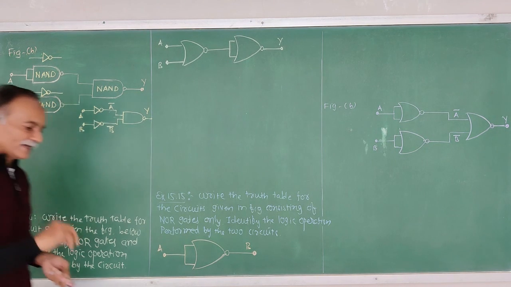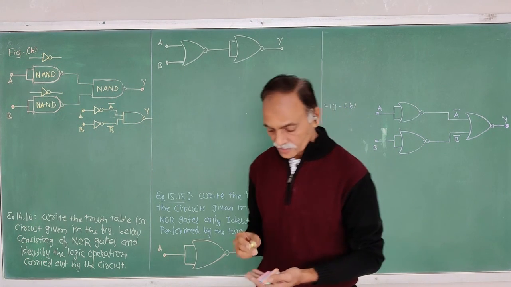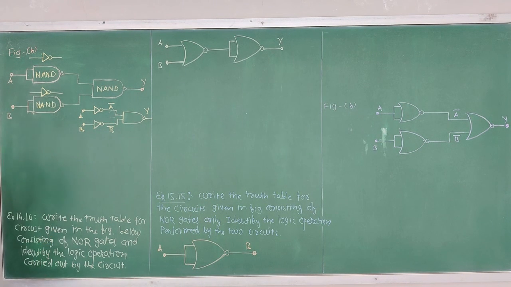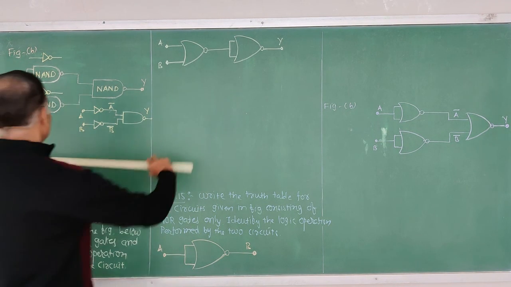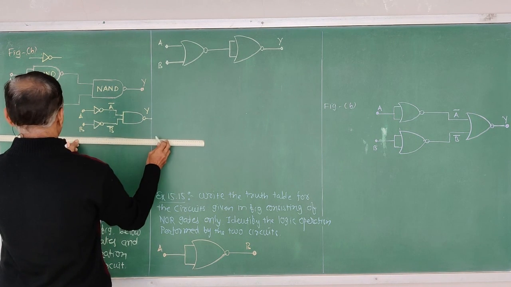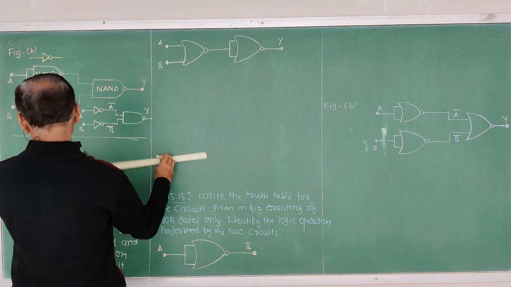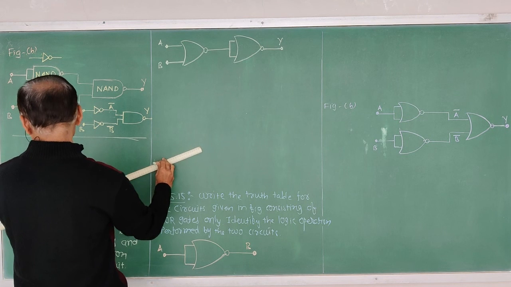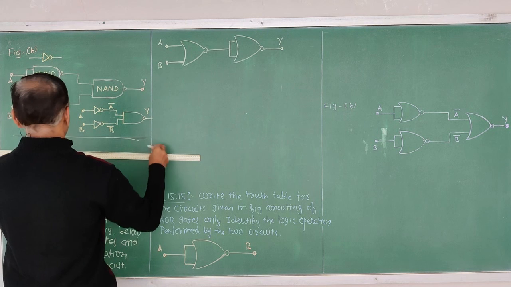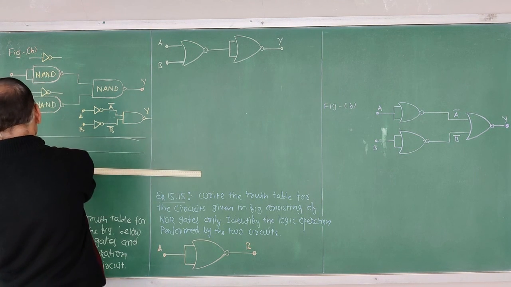We also have to identify the operation of this logic circuit. For that purpose, we are going to prepare the truth table for this circuit. These are the inputs A and B, and also the output. With two inputs, there are four different combinations of the input.